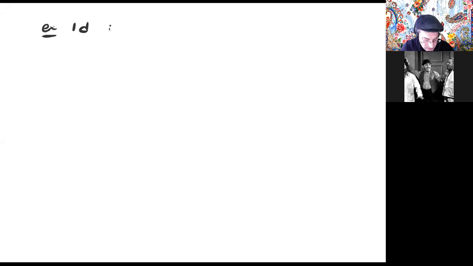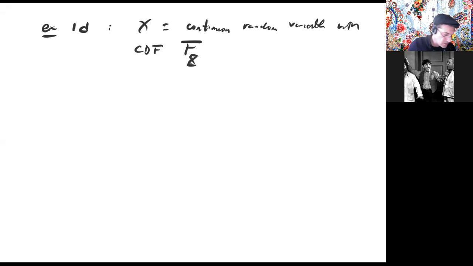So let x be a continuous random variable with CDF, cumulative distribution function, f sub x. We're using x in the notation to distinguish it from some other continuous distribution function, and probability density function, little f sub x.